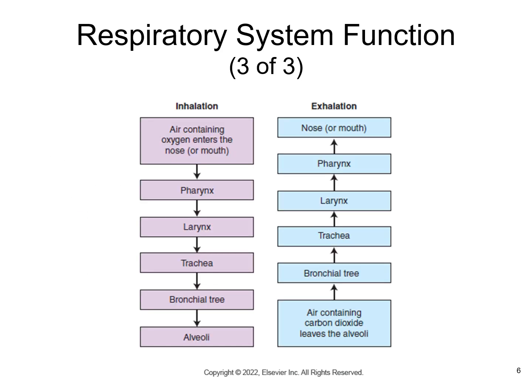As the graph here shows, inhalation is taking the air into the body, so it goes in through the nose or the mouth. It goes through the pharynx to the larynx to the trachea to the bronchial tree to the alveoli. This is the main component of that carbon dioxide and oxygen exchange within the lung.